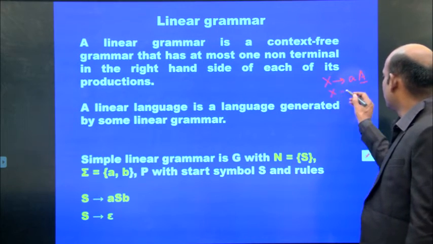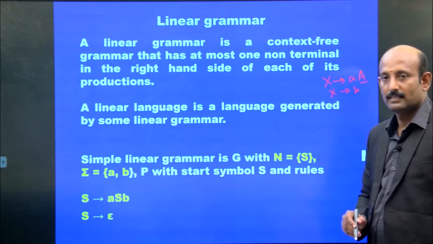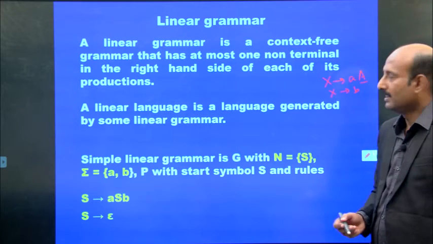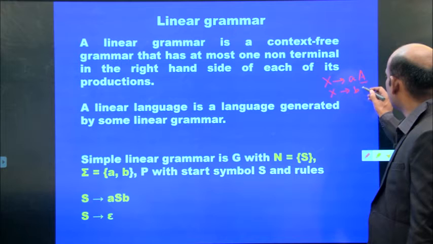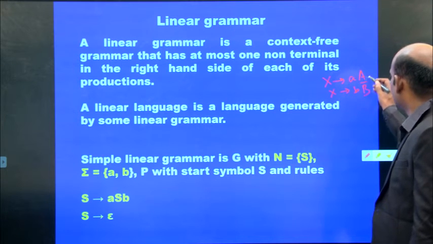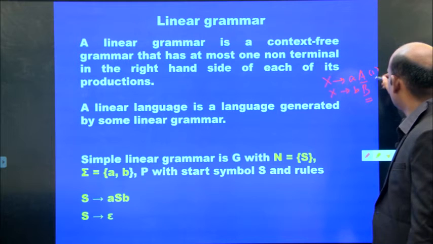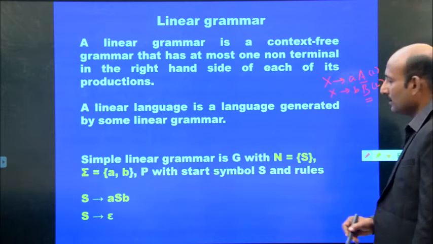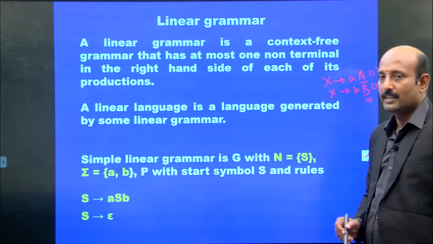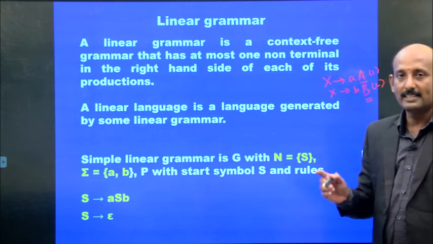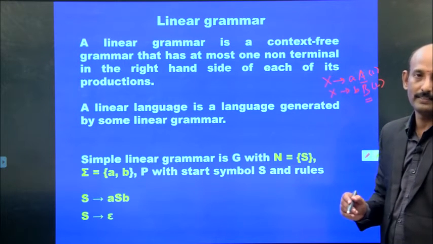Likewise, production number 1 and production number 2: in both productions A and B are non-terminals, so the right hand side contains only a single non-terminal, not more than one.